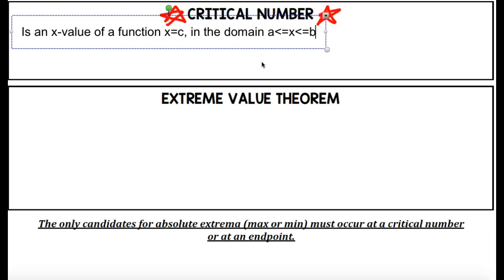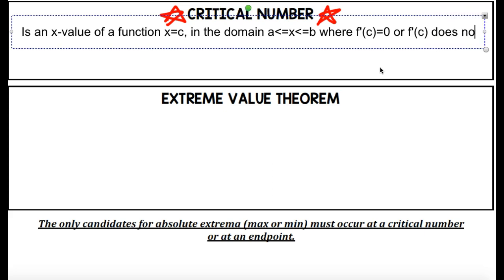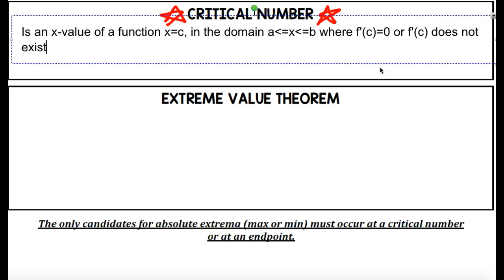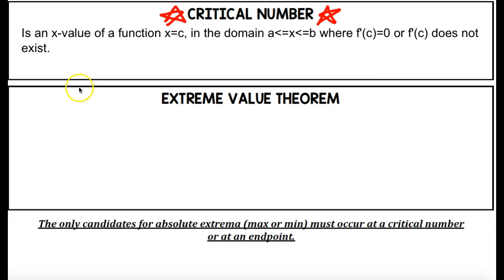So what we're saying is we've got some value c that's in between values a and b, where the derivative at this value is equal to 0, or where the derivative at this value does not exist. So this is basically just saying what we just said in the last box.